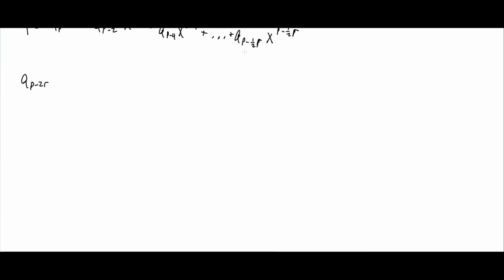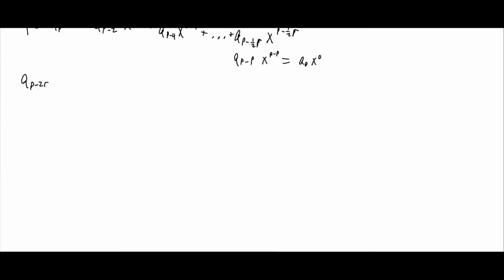So we would end up getting a sub p minus 2 times 1/2 of p, which would just be p, and x to the p minus p. So obviously that is a naught and x to the 0. So that is what this up here should look like.